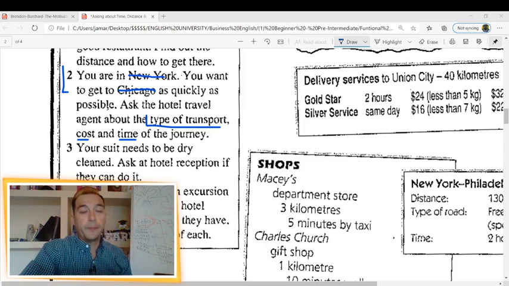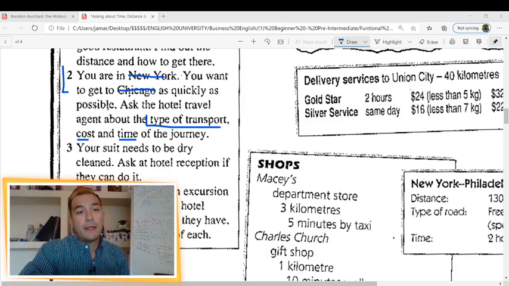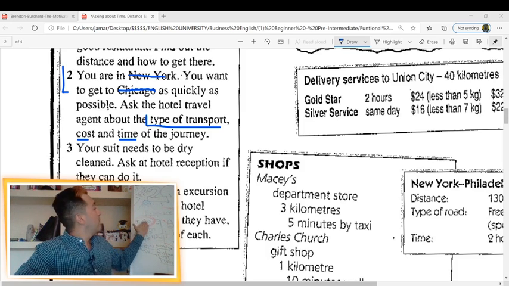Good. Transport. Okay, we have the first part. Repeat. What type of transport? Good. WH. That's the first part of the formula. And this question is big. ¿Qué queremos saber? What info? What type of transport, right? That's the first part. What type of transport?